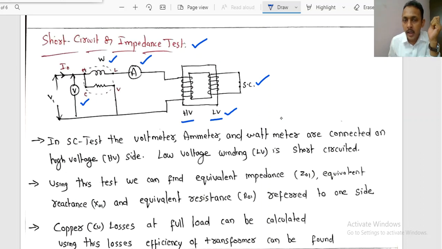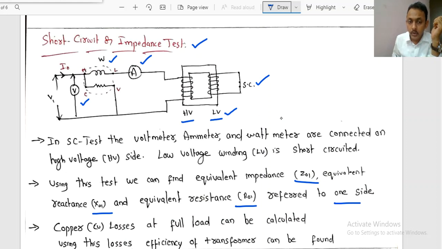The ammeter will be connected in series with the HV winding, the voltmeter is connected in parallel across the HV winding, and the wattmeter current coil is in series and the potential coil is in parallel with the HV winding. Using this test, we can find out the equivalent impedance Z01, equivalent reactance X01, and equivalent resistance R01 referred to one side of the circuit. Here in this context, it is with respect to the HV side.